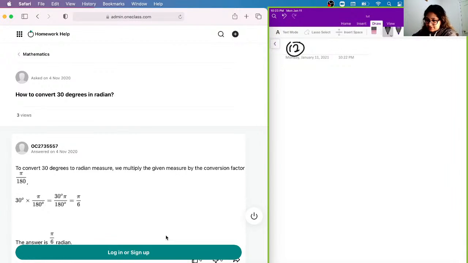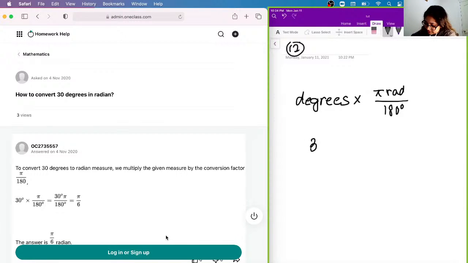Okay, so there's a conversion factor where you do degrees times pi radians over 180 degrees. In this case, we're trying to convert 30 degrees to radians.